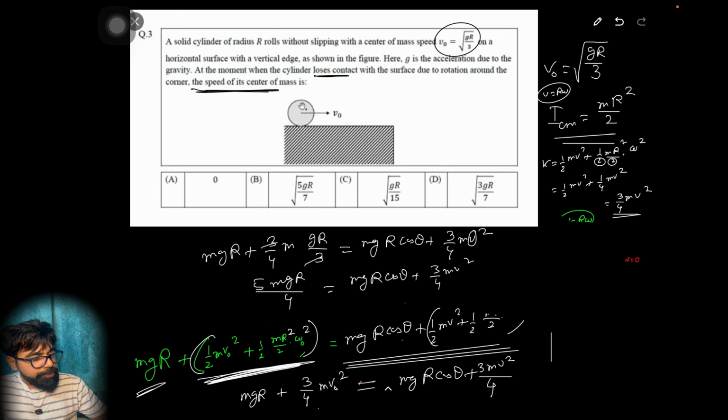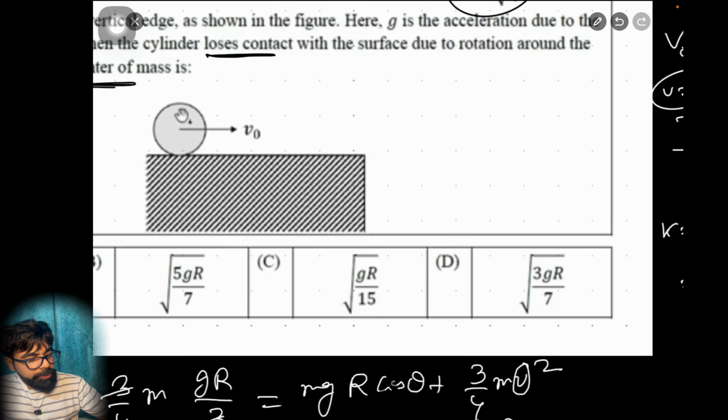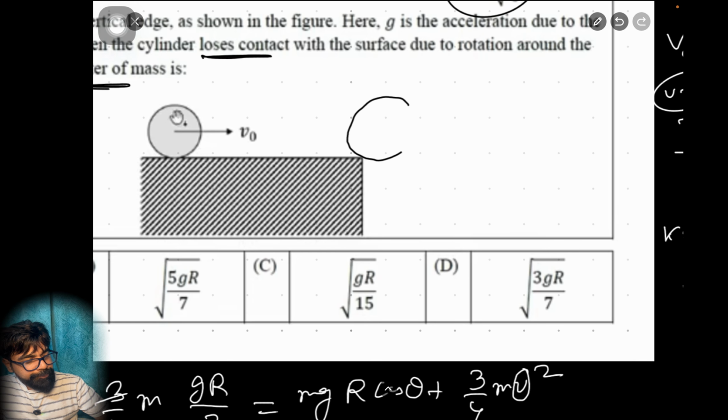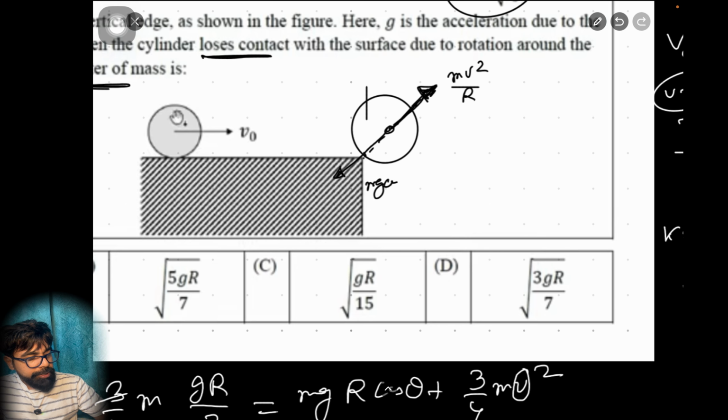But we have already solved that when this cylinder is on the verge of losing contact, the pseudo force mv square by r must be equal to the component of gravity, which is mg cos theta, right?